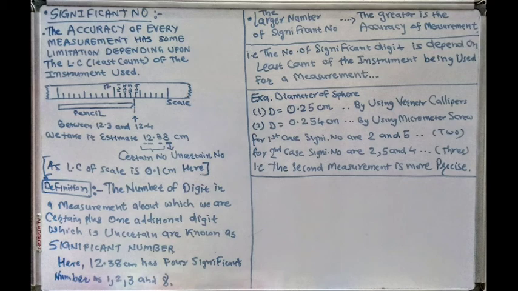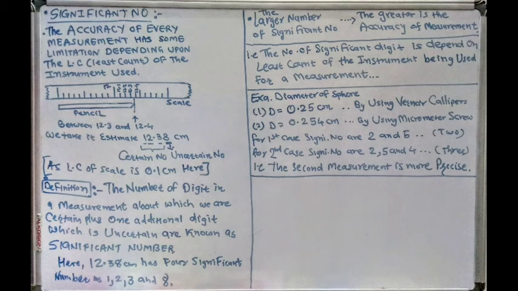Therefore, it does not have any marking between 12.3 cm and 12.4 cm. Hence, we estimate the length as 12.38 cm. Here we are certain about digits 1, 2 and 3, but we are uncertain about the last digit 8.